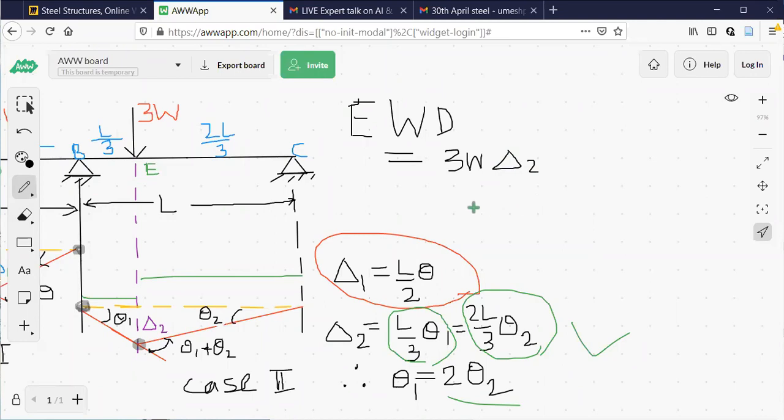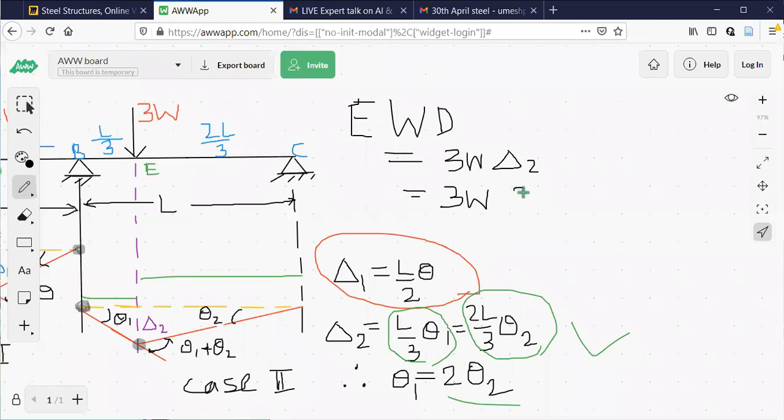So what I will do here is, this is equal to, if I want everything in terms of theta 2, what I should do? 3W, delta 2, what I can write? 2L by 3 times theta 2.